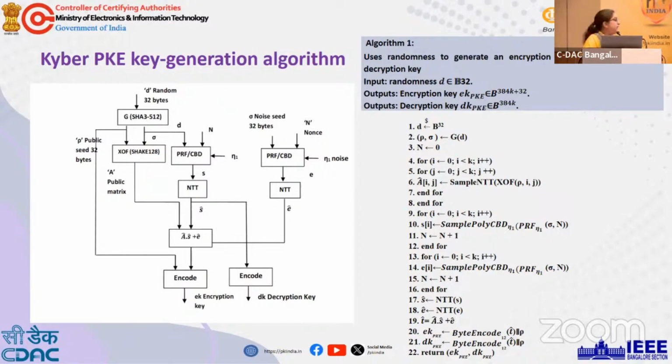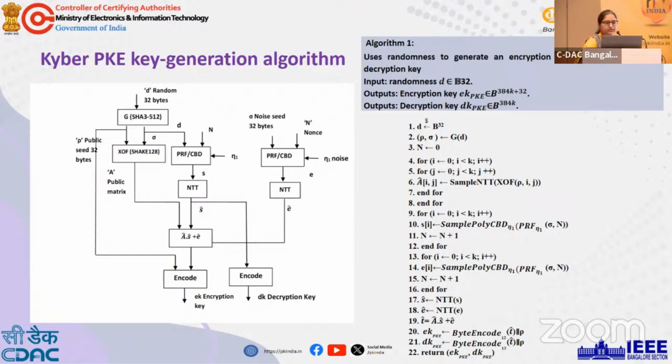And matrix A is generated from the XOF of rho, I and J, and then sample NTT is done on that to generate the matrix A, and this is stored for later computation, where we generate a linear equation: T cap is equal to A cap S cap plus E.